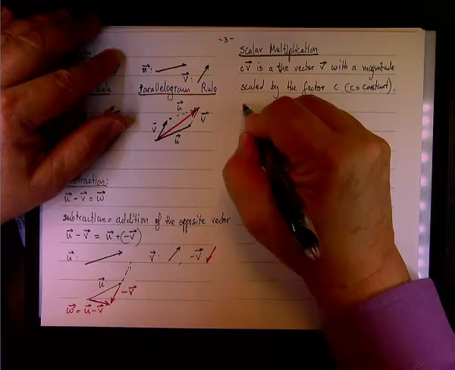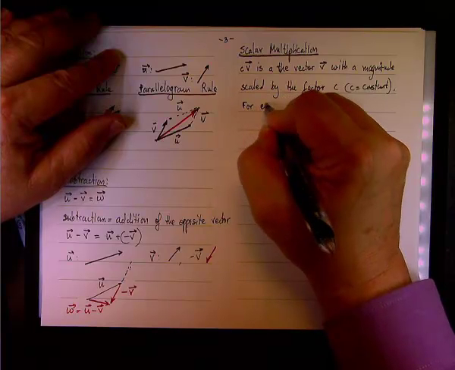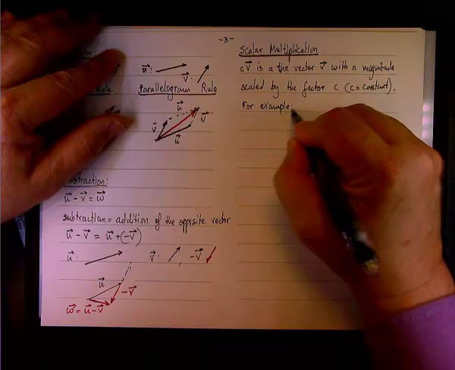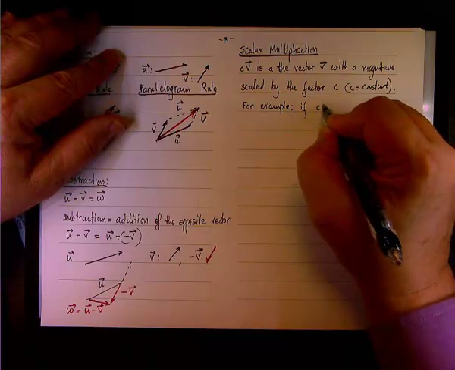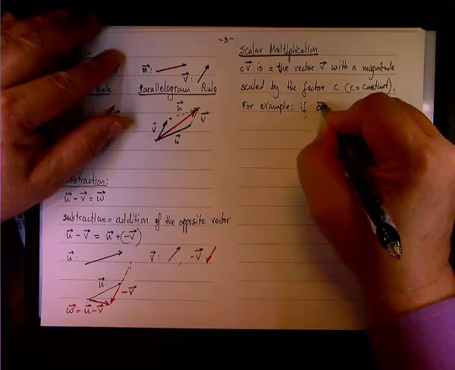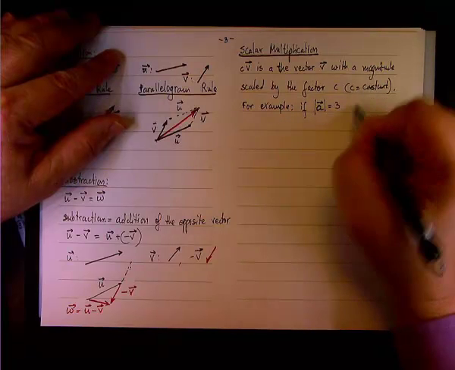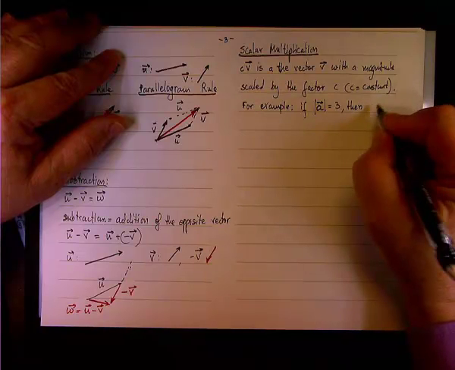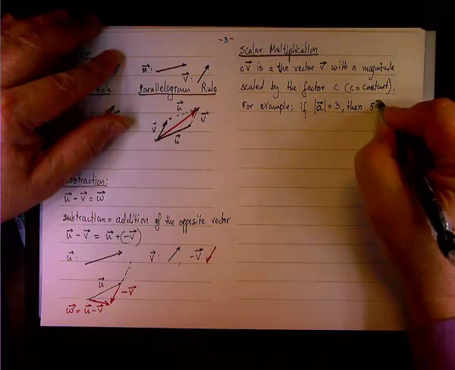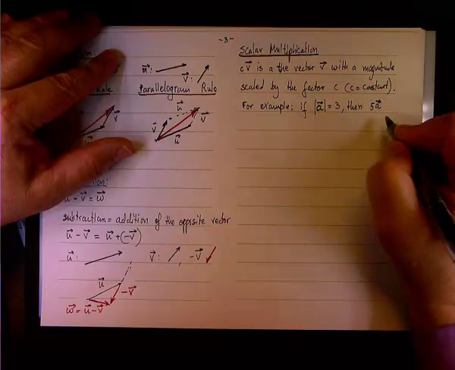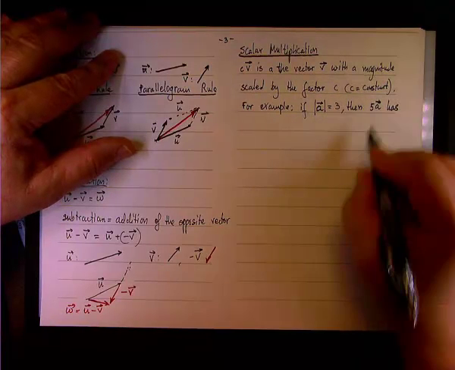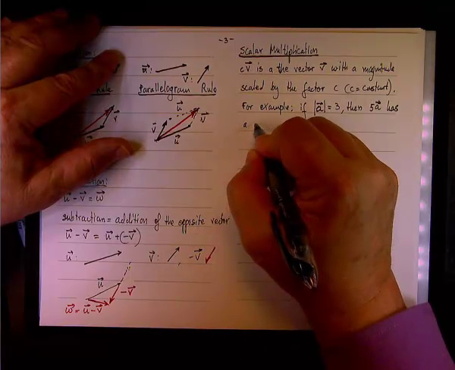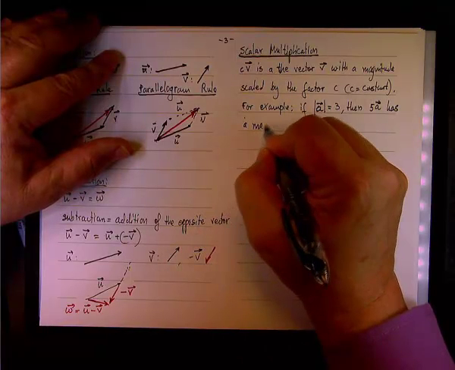For example, if the magnitude of vector A is 3, then the vector 5A has a magnitude of 15.